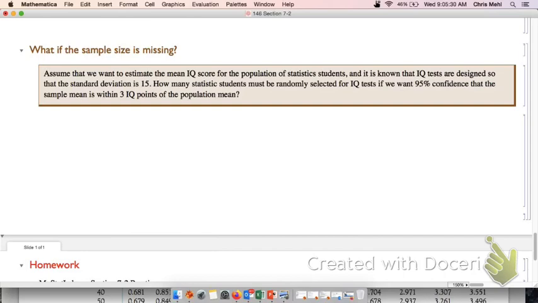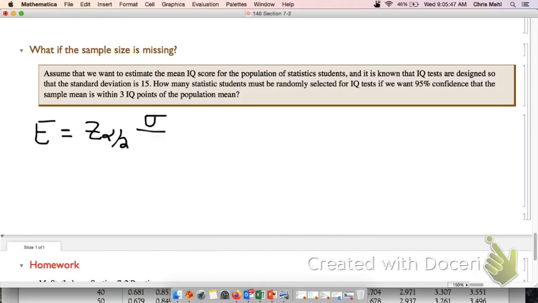Now to do this, this formula is in the textbook. I did not give it in this handout. There is a formula for the error if you know the population standard deviation, and what that is, the error in that case would be, so it's a very similar formula, z alpha over 2. If you know the population standard deviation, you use the z table to get your critical z value.